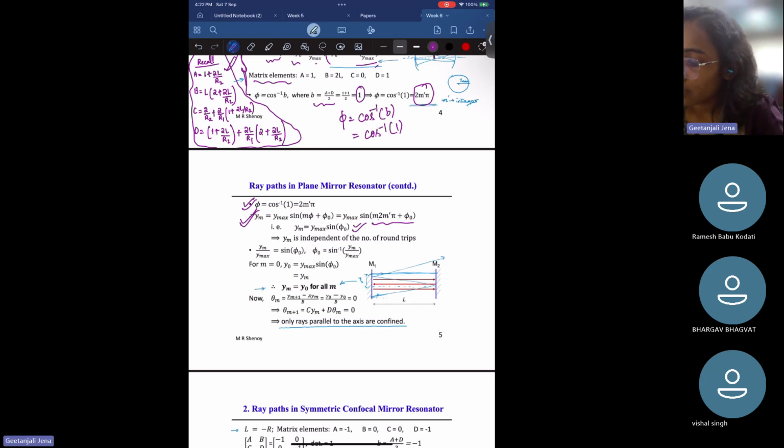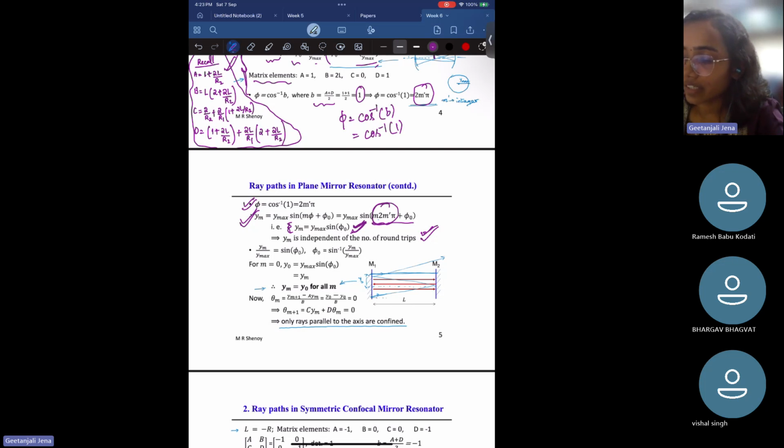If you see, this is nothing but some even multiple of π added to φ0, so it will be sin φ0. So the ultimate equation is ym equal to y max sin φ0. That means ym, the position of the ray after m round trips, will be y max sin φ0.